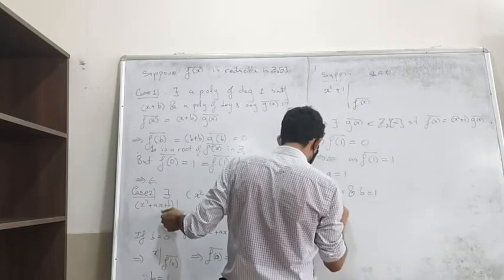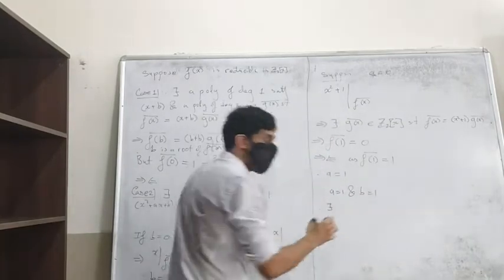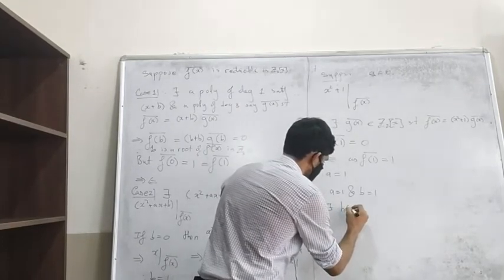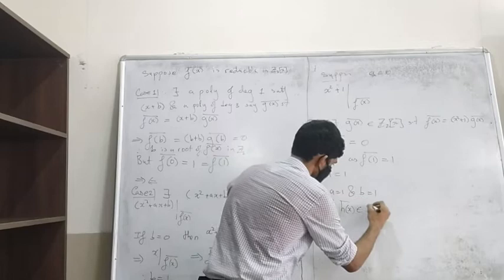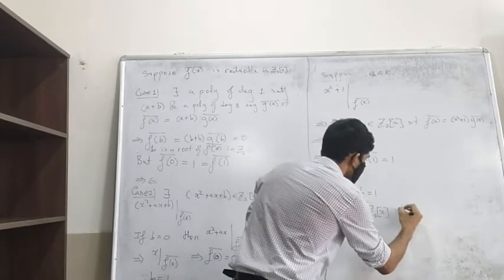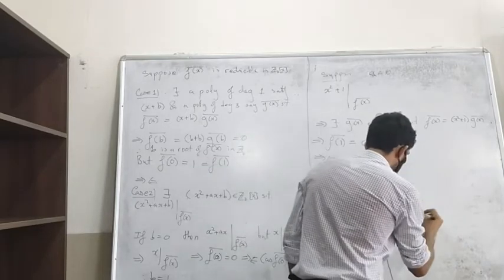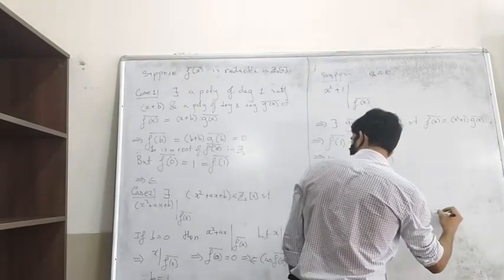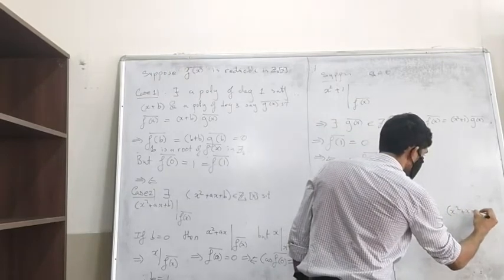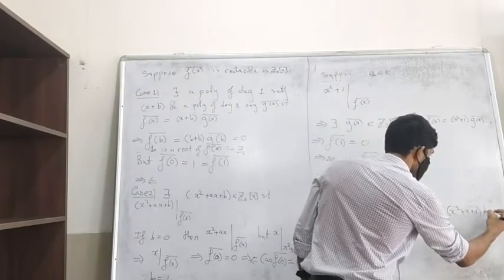So therefore, you can find a polynomial, let me call it h of x, such that f of x bar is equal to x square plus x plus 1 times h of x bar.